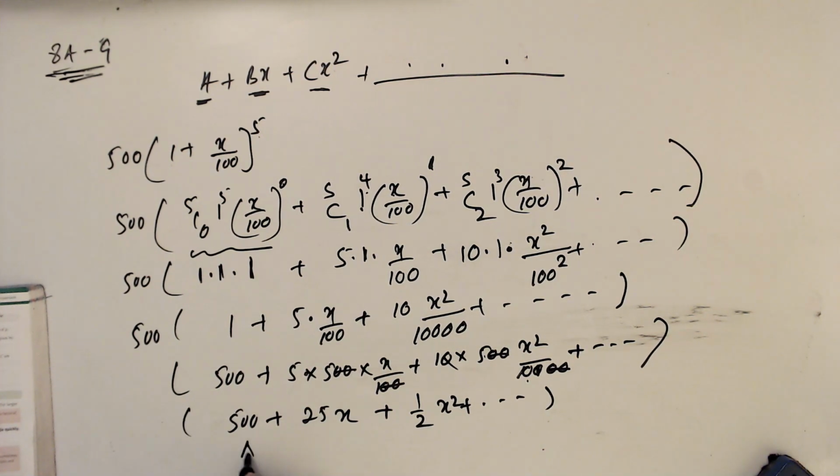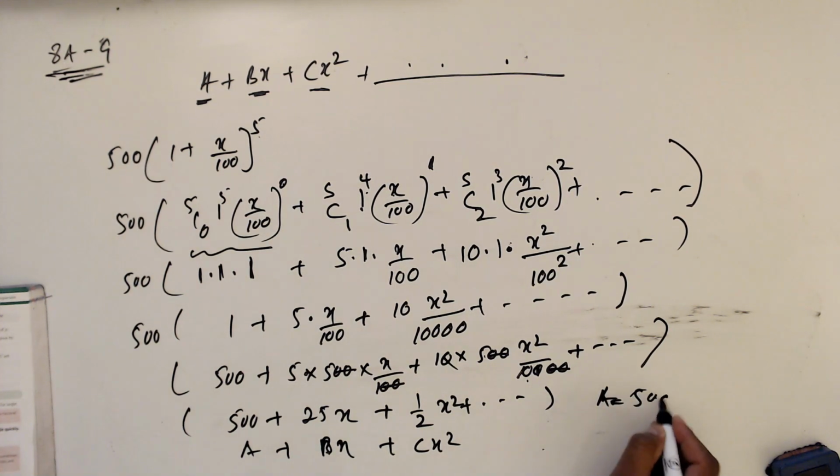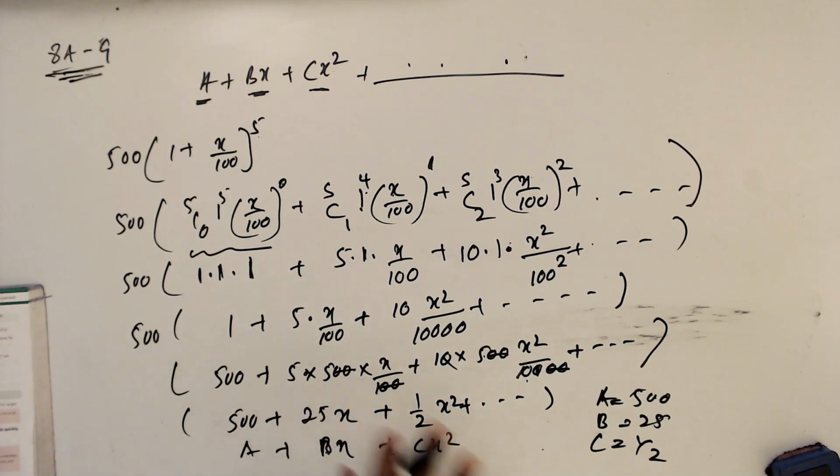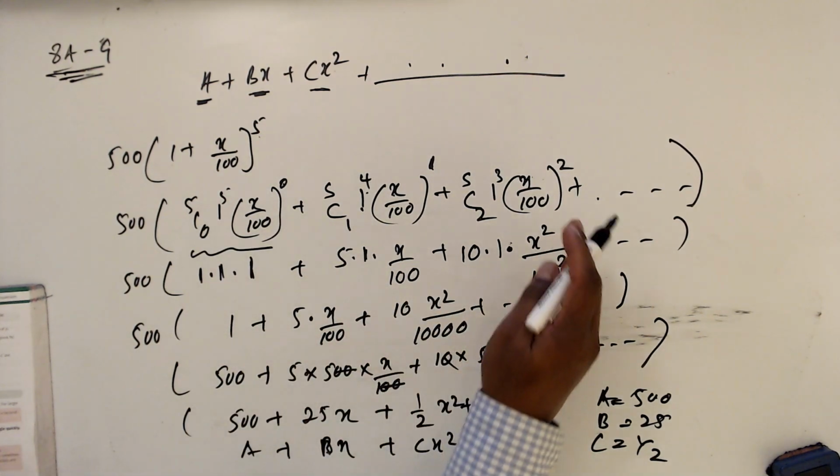Now this is a plus bx plus cx square. a is 500, b is 25 and c is half. The only learning here is that we need a maximum of x square, so you should not write more than x square.